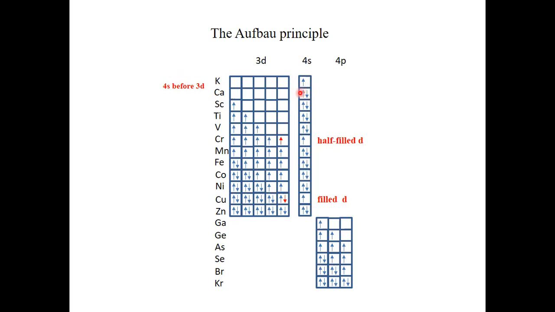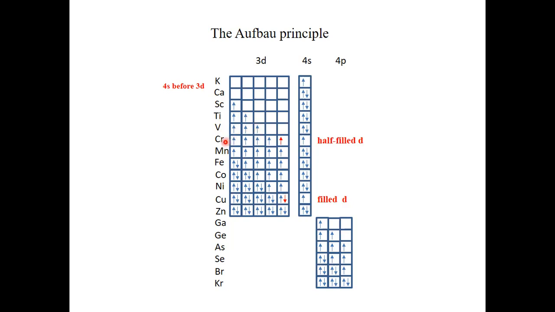Only as we go from calcium to scandium, we start filling the 3d subshell. And again, we do this under consideration of Hund's rule. So as we go from scandium to titanium, our additional electron would go into a different d orbital, having the same spin. As we go from titanium to vanadium, we would have 3 unpaired electrons in 3 different d orbitals.